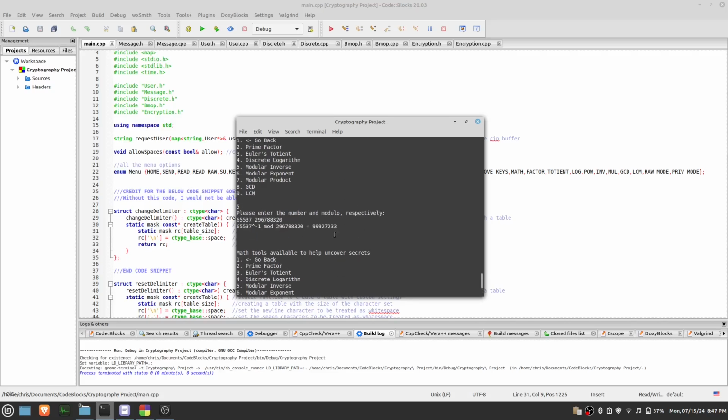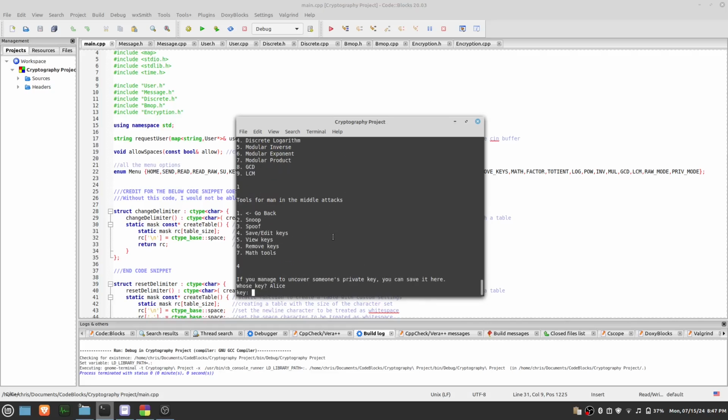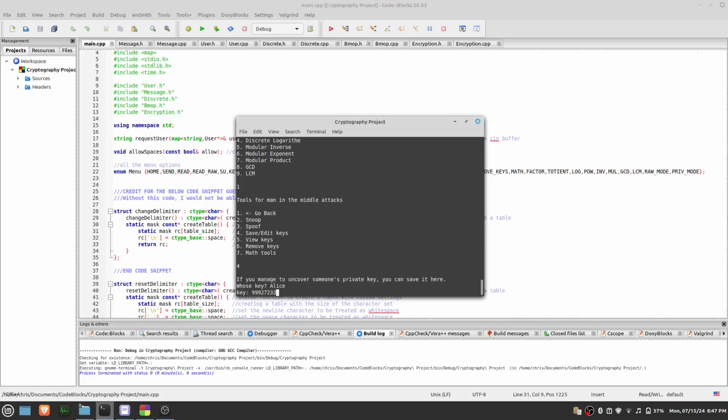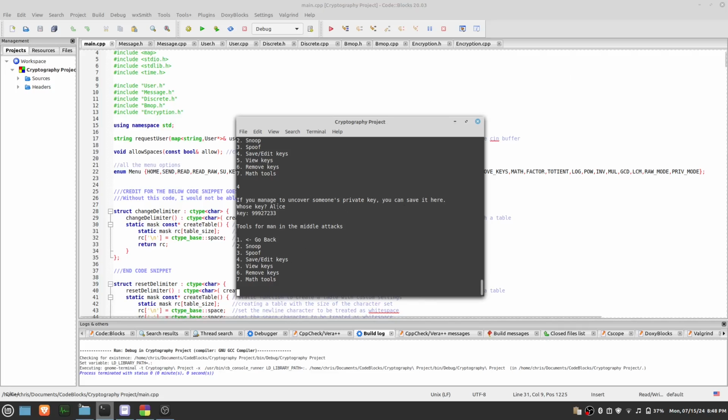Alice's key is 99927233. Notice it didn't tell us if that was correct, because it has no idea. Only Alice can see her own private key, so we just have to take our word for it for this.